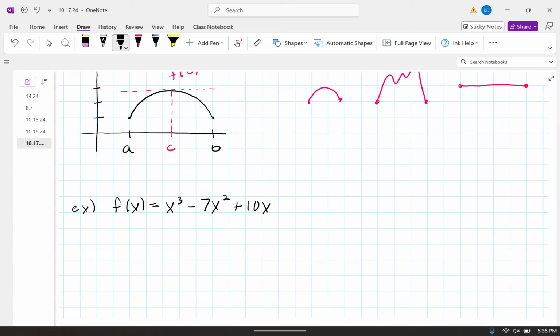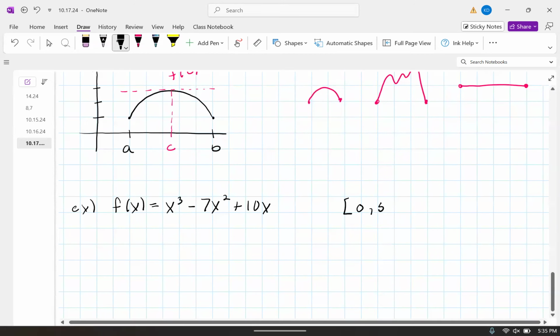Let's come up with an interval. Let's kind of graph this and see what it looks like. Actually, I'm just going to give you the interval to make that a little easier. On the interval 0 to 5, we're going to verify Rolle's theorem.